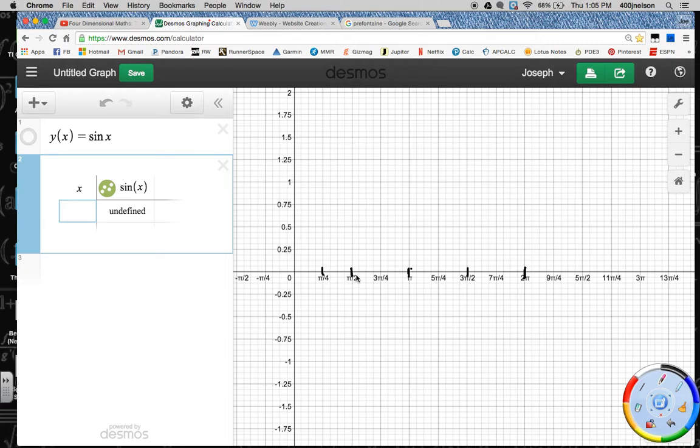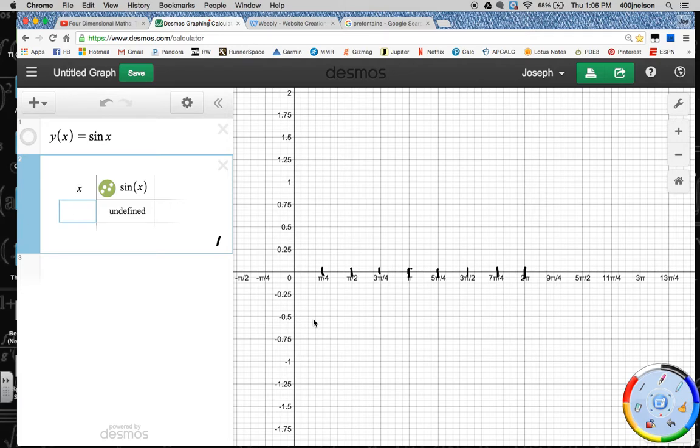So 1 quarter, 2 quarters, 3 quarters, 4 quarters, 5 quarters, 6 quarters, 7 quarters, and 8 quarters. On Desmos here, obviously I can go as far as I want. And on the y-axis, you need to go up to 1 and down to -1.